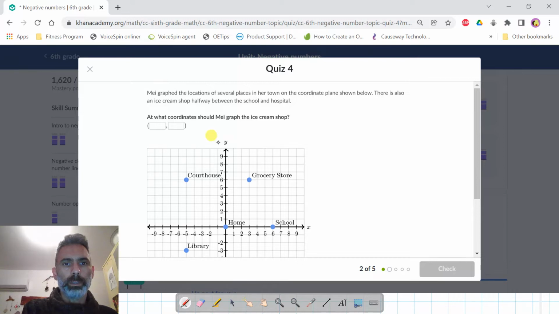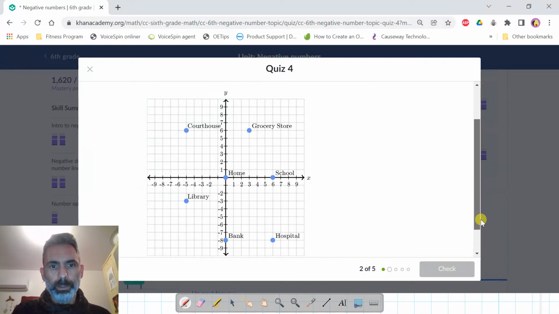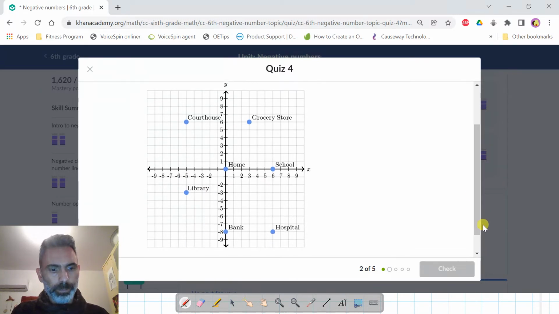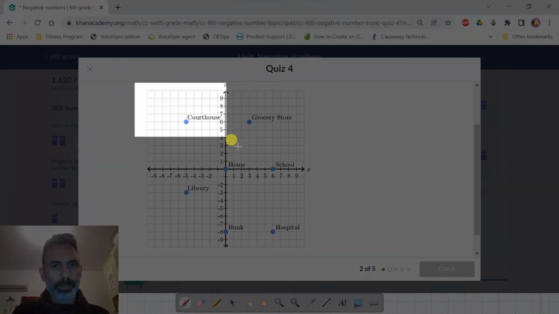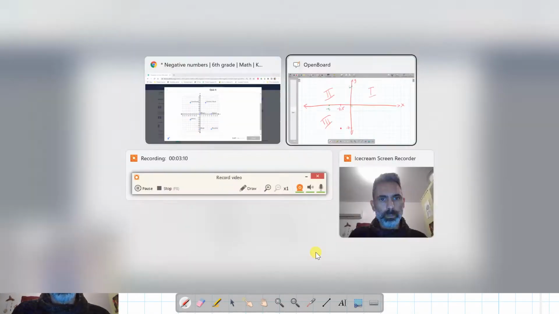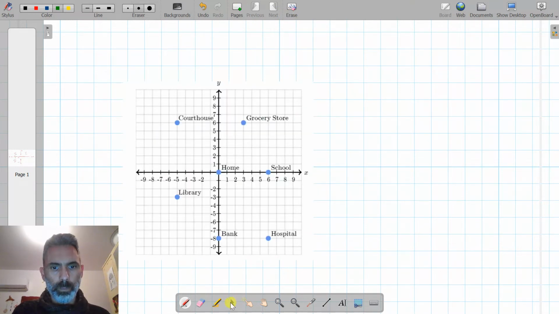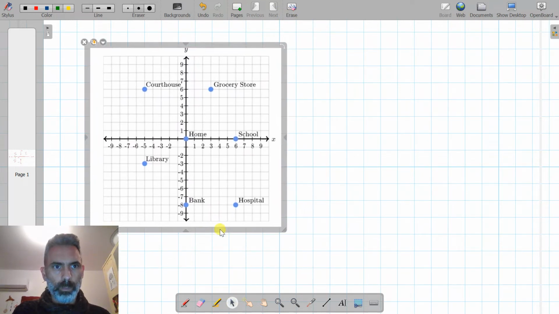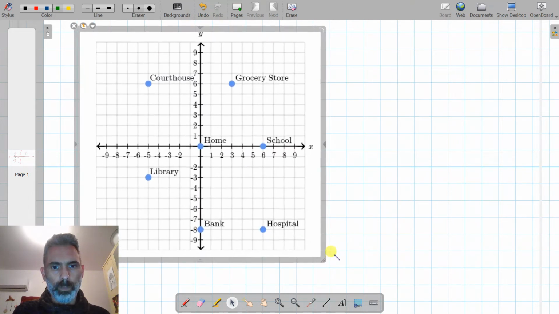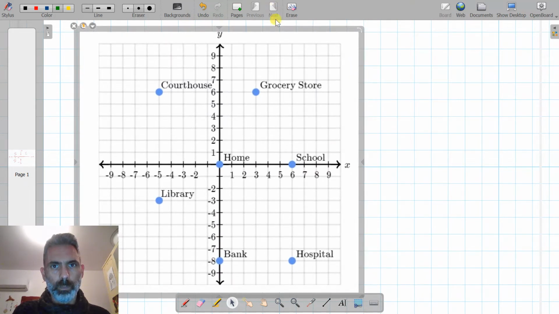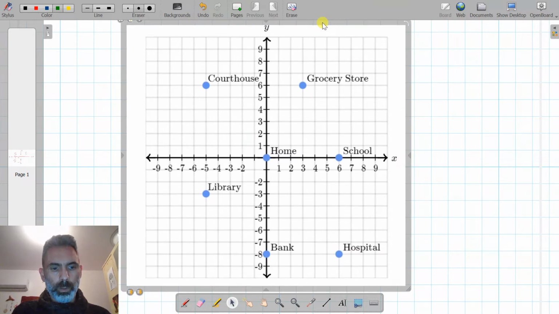At what coordinates should May graph the ice cream shop? Okay, let's copy the coordinate plane.